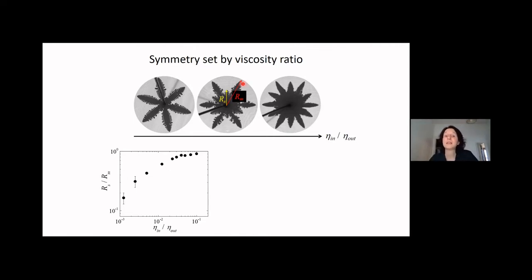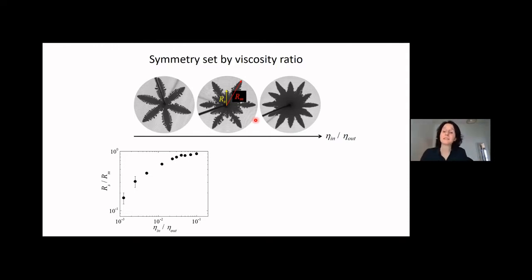We can quantify this symmetry transition by looking at the ratio between the size of the subdendrites over the size of the main dendrites, which goes from a low value indicative of the 6-fold symmetry towards a value of 1, denoting the transition to 12-fold symmetric growth with an increase in the viscosity ratio.